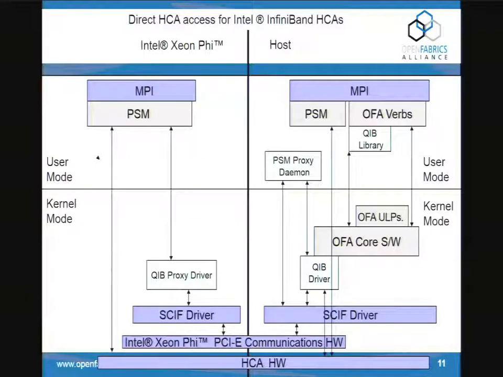Well, it turns out that code path matters, okay? The Xeon Phi, the cores on there are little. They've got big vector units, but the scalar performance is not as good.